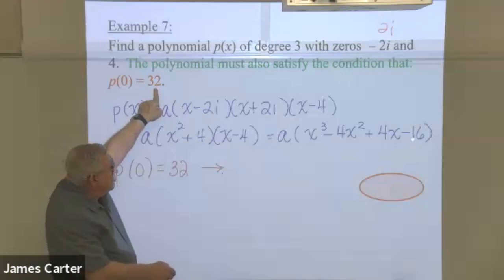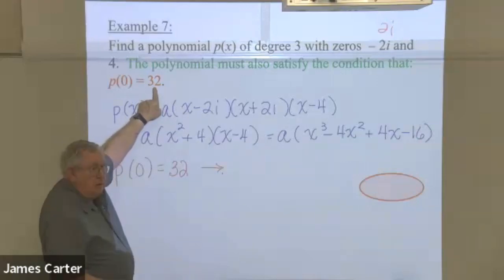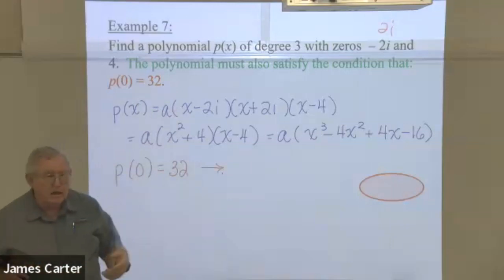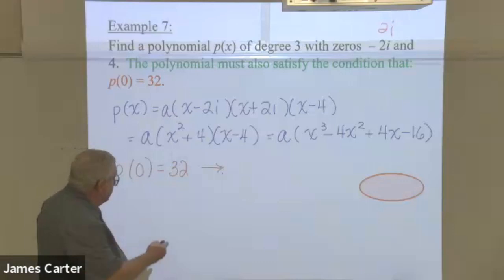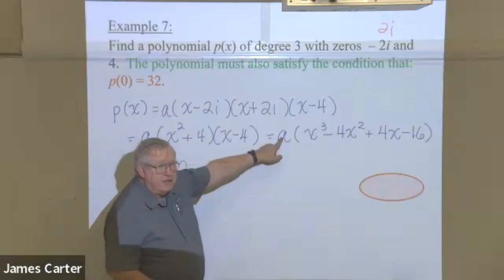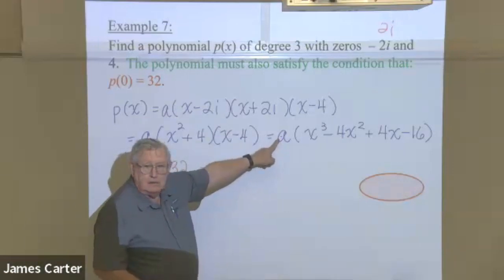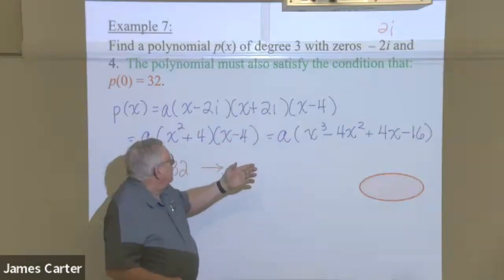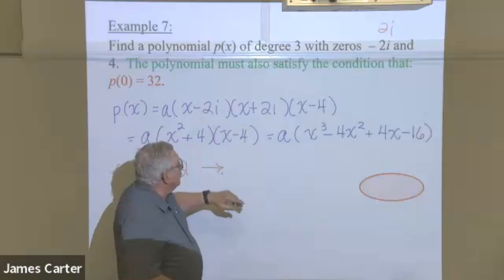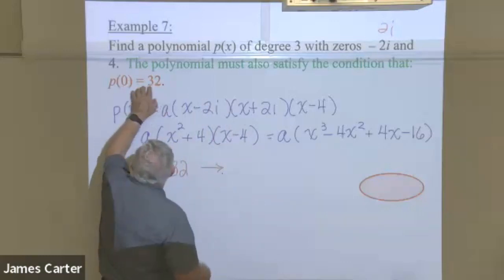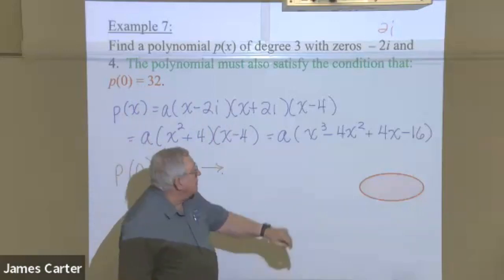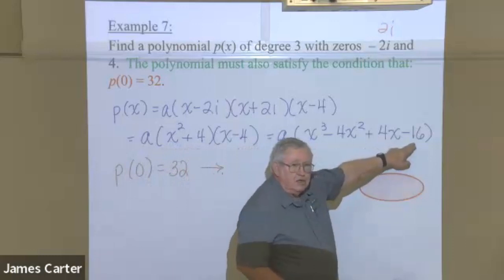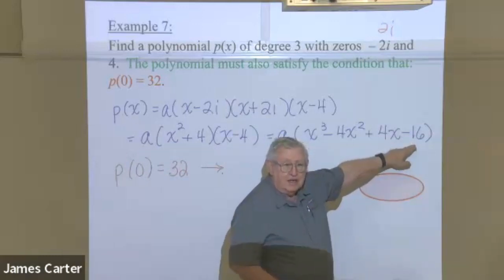So what do we have to do to that number to make it this number? Multiply it by negative 2. So that means that in this case, this A has to be a negative 2. And that's the way you deal with that. They've got all kinds of special notations, but this means the y-intercept has got to be that. And if it isn't, then you got to figure out what it takes to get it.